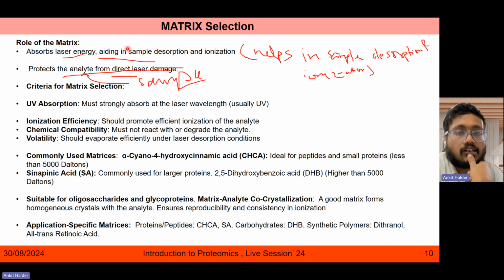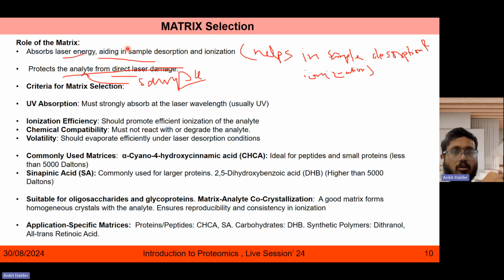And then volatility: it should evaporate efficiently under laser disruption conditions. Commonly used matrices are like alpha-cyano-4-hydroxycinnamic acid, that is ideal.